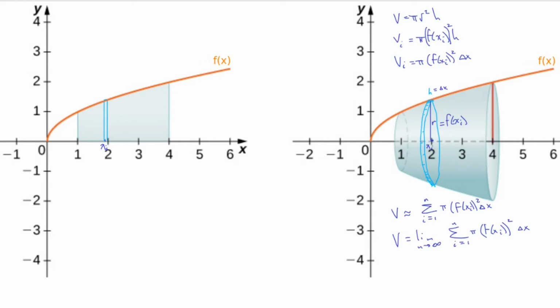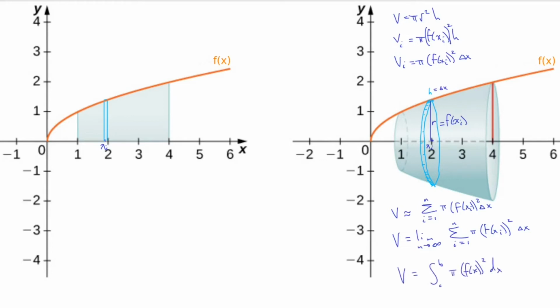Well, as you take more and more, you get a better and better approximation, and so it's reasonable to say that as you take the limit as n goes to infinity, as you take infinitely many of them, you get the precise volume. And so here we have an expression for the precise volume of this region.